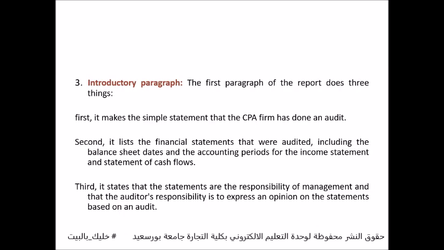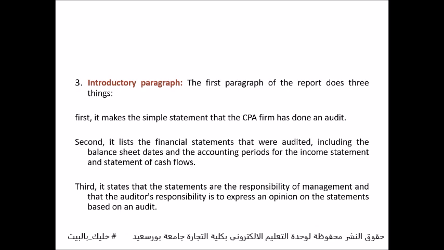Number 3. The introductory paragraph. The introductory paragraph is the first paragraph of the report, which does 3 things. First, it makes a simple statement that the CPA firm has done an audit.